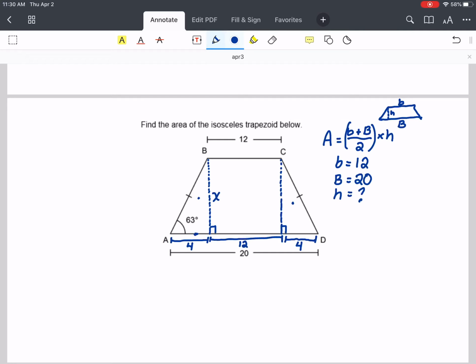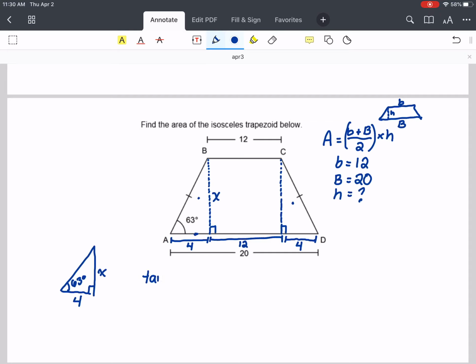So let's redraw this triangle. It's got a 63-degree angle. I want x. I know that the adjacent side is 4. I'm going to use tangent, since I don't know anything about the hypotenuse.